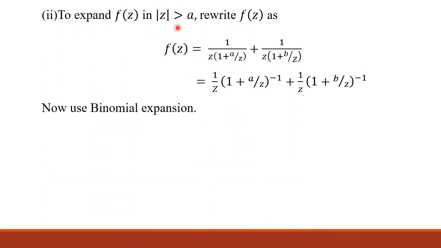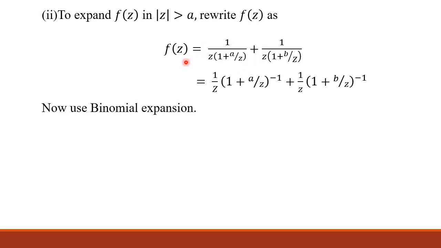Next, for modulus of z greater than a, the region should always be written as less than. So, we write it as a less than mod z, and taking mod z to the left side, we get a by mod z less than 1. That means we take z outside from f(z), in the denominator.